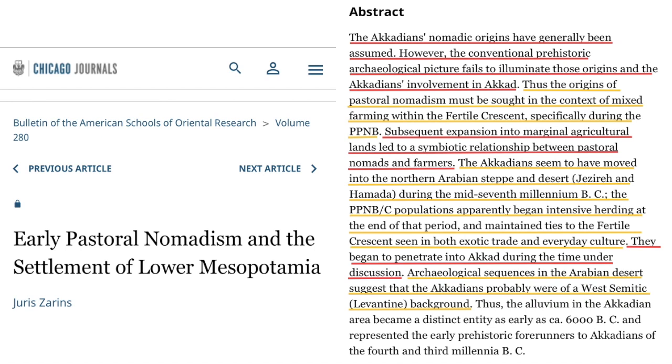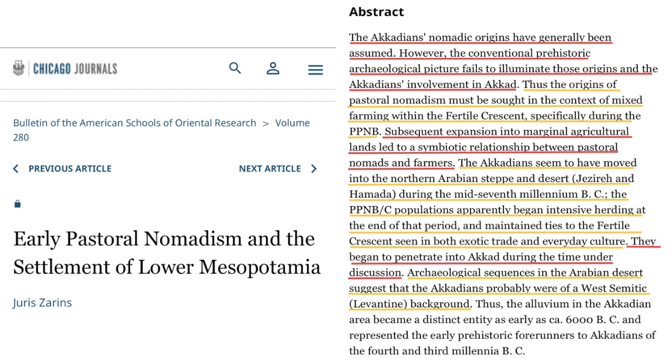"During the mid-7th millennium BC, the PPNB, Pre-Pottery Neolithic B, and Pre-Pottery Neolithic C populations apparently began intensive herding at the end of that period and maintained ties to the Fertile Crescent, seen in both exotic trade and everyday culture. They began to penetrate into Akkad during the time under discussion."